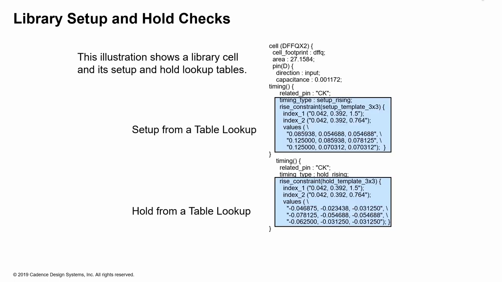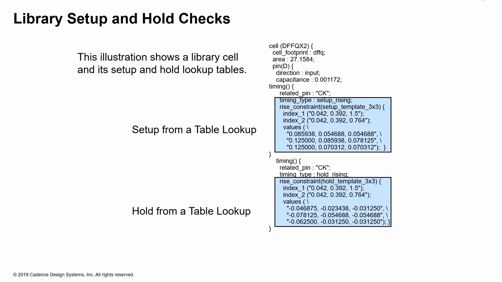So basically the setup and hold checks are captured in your libraries, the .libs, in the form of lookup tables. For a given set of load and skews, these setup values and hold values are captured at different conditions of load and skew.